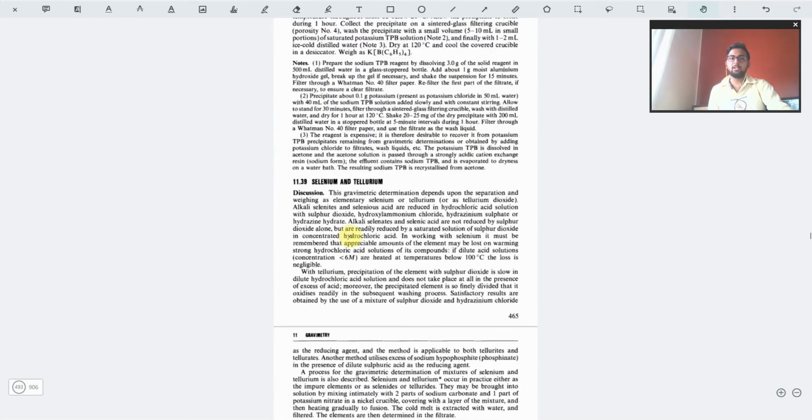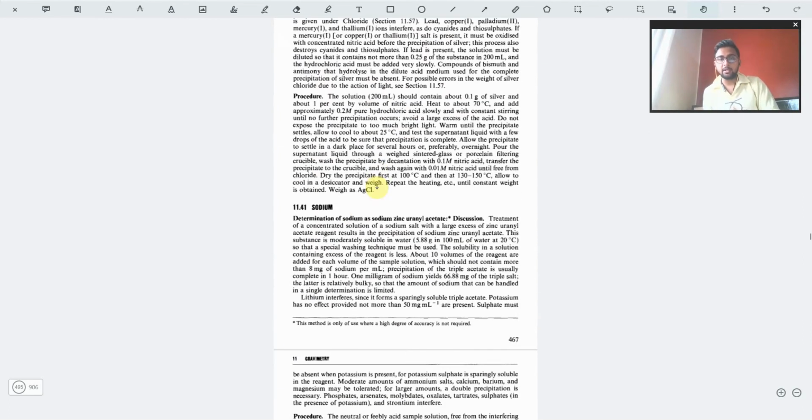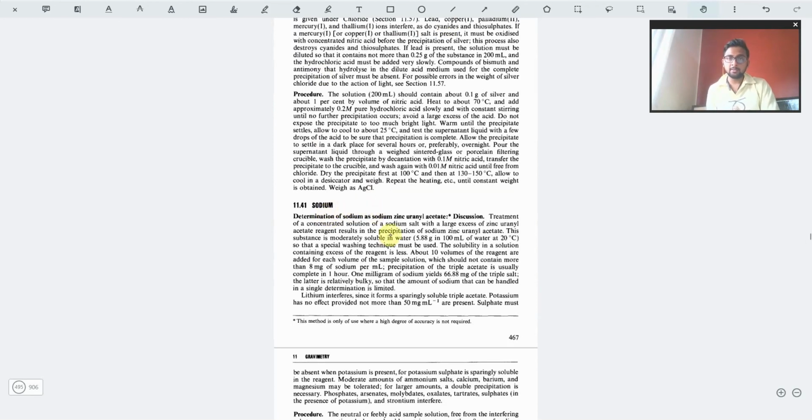So here we are talking about gravimetric calculations. Okay. So you can see for silver we are using silver chloride. For sodium we are using sodium zinc uranyl acetate. Now zinc uranyl acetate, as I've already told you, is a very expensive reagent.